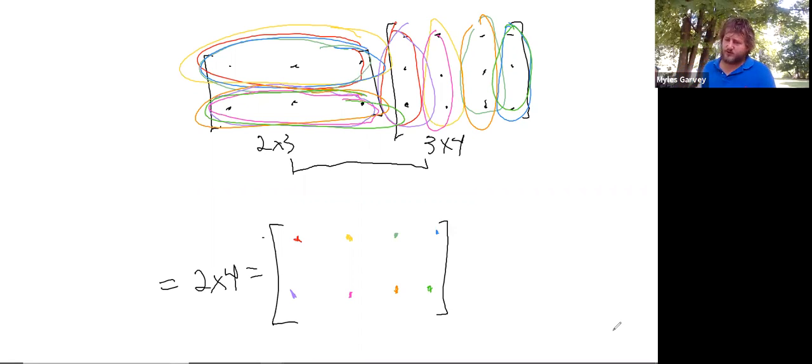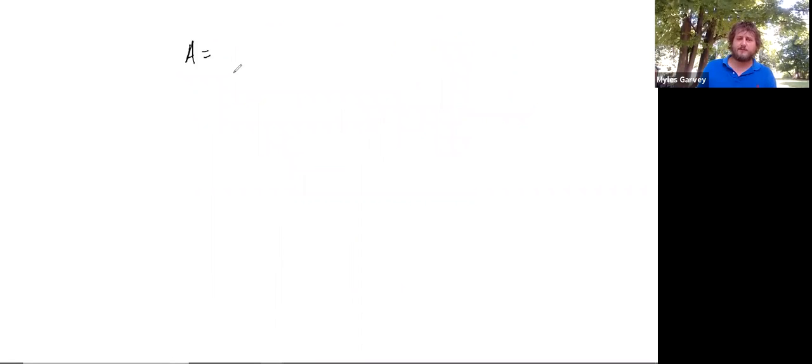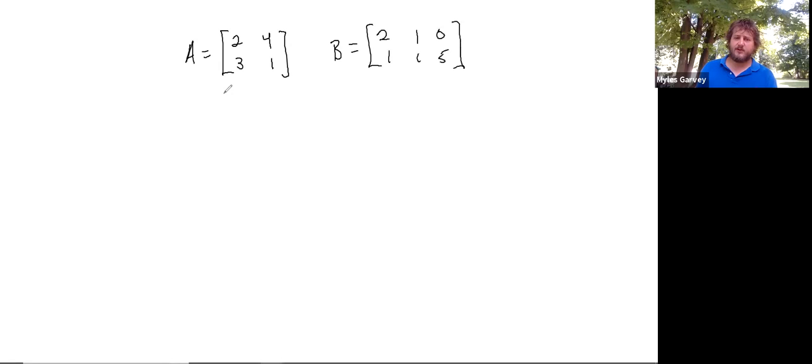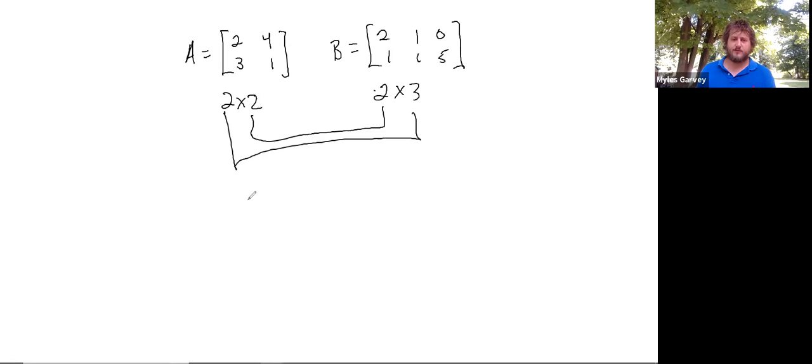I'm going to go through one small example to illustrate this. Suppose that we have the matrix A, 2, 3, 4, 1, and we have the matrix B, which is 2, 1, 1, 1, 0, 5. Because this is 2 by 2, and because this is 2 by 3, we see that these are equal, and therefore we can multiply. And we get, as a result, a 2 by 3 matrix. So let's do that.